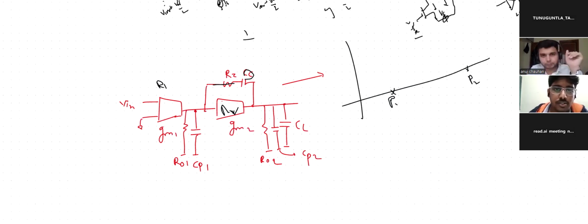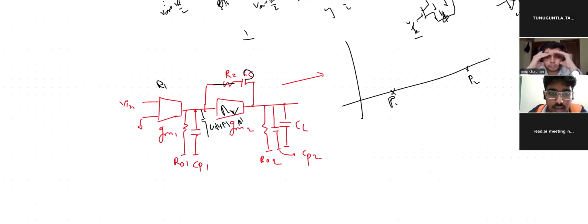So I'm assuming there is no zero here, only capacitance. My capacitance will be C1 into 1 plus A, supposing my gain is A. The amplifier's gain is negative, so 1 minus of minus A is written as 1 plus A.